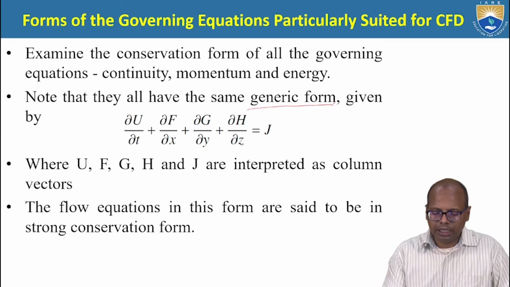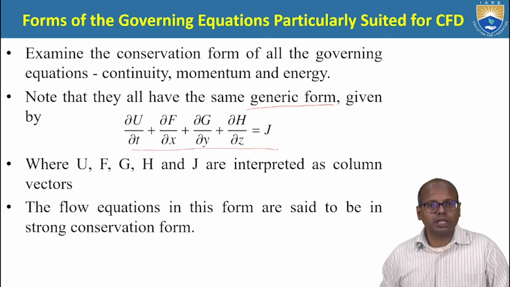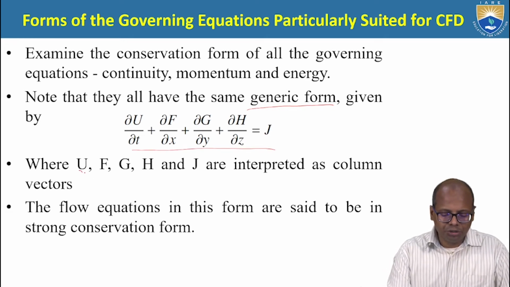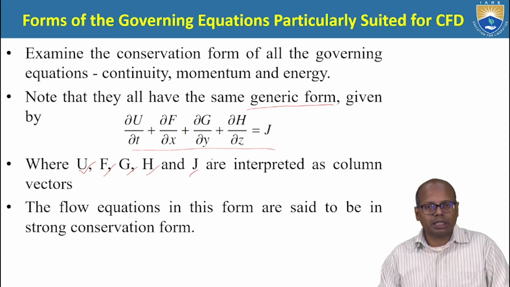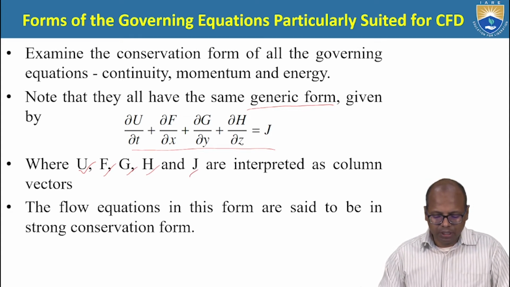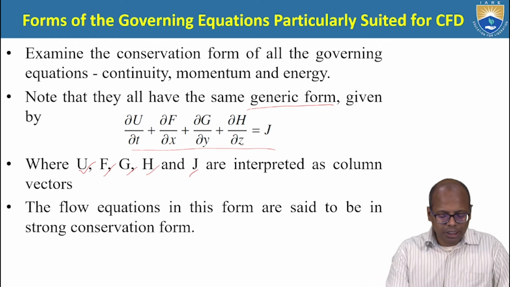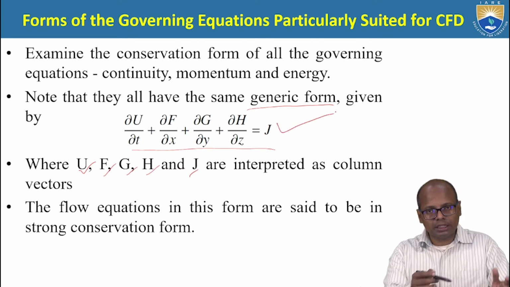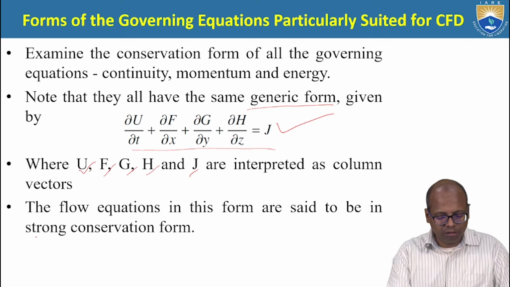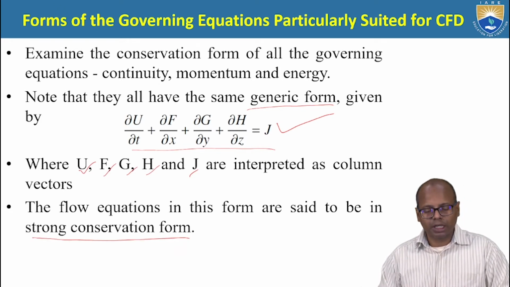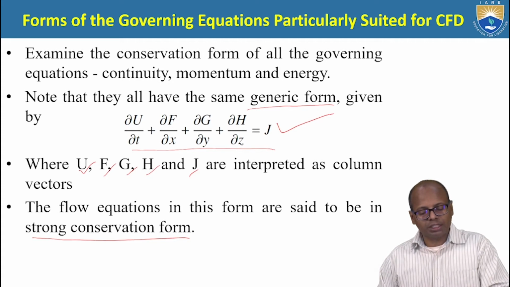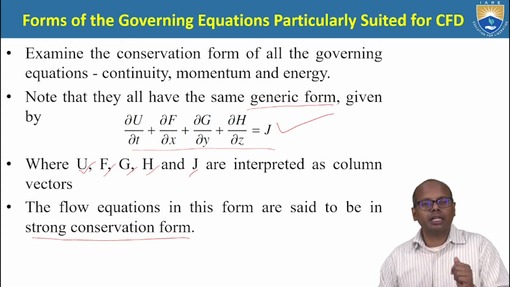The generic form of governing equation looks like this, and here U, F, G, H, J are all vectors, column vectors. If I express all these equations in this form, then it is called the strong conservation form. Now, what do U, F, G, H, J represent?